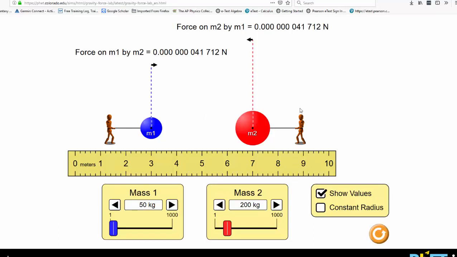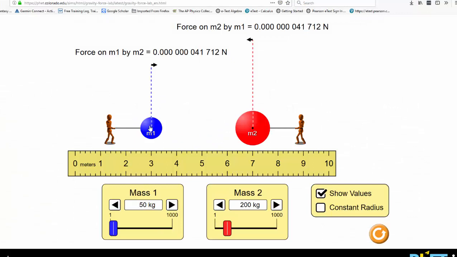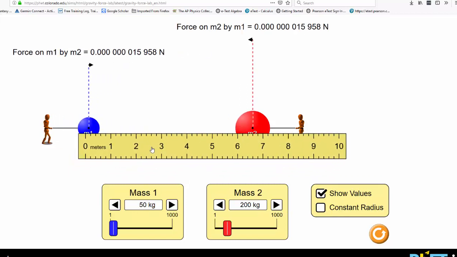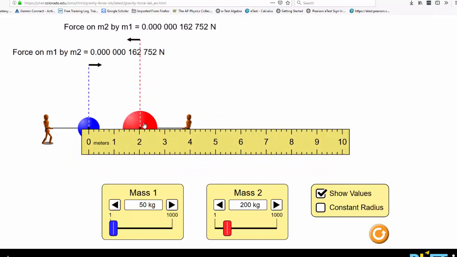So what you're going to do with this is build an Excel sheet, something like this, where you have the radius, the masses, and the force. And then you're going to plot it and then do your regression. For the first one, you're going to test R, so you'll leave the two masses alone. You can move this over and slide this up so that you can fix the R value, or you can change it.